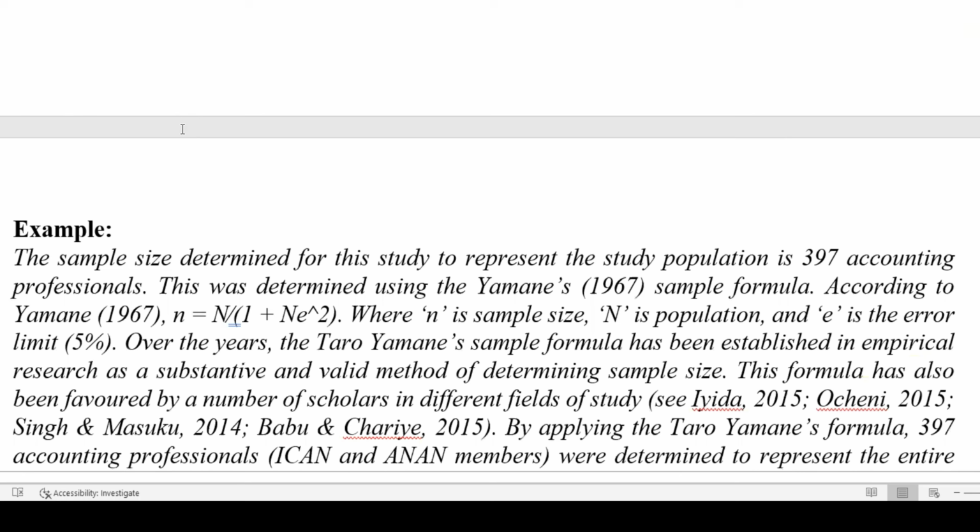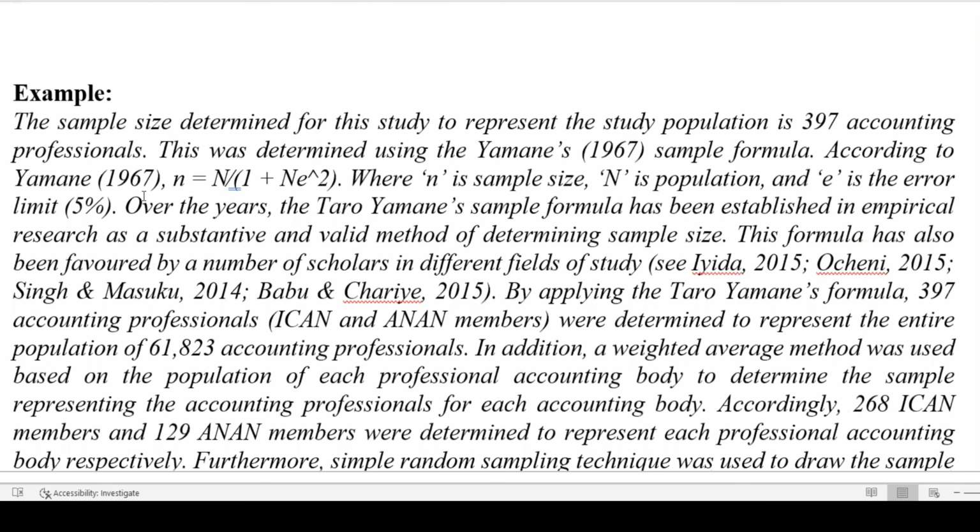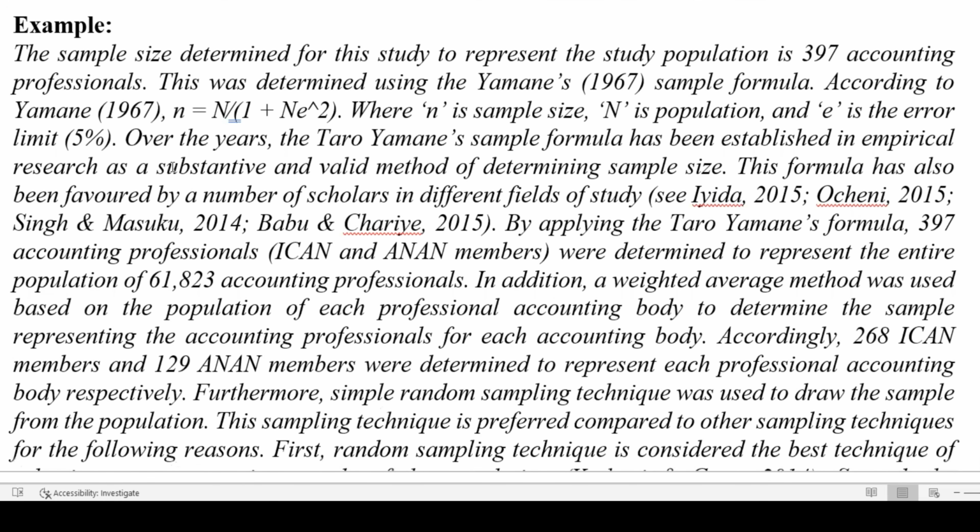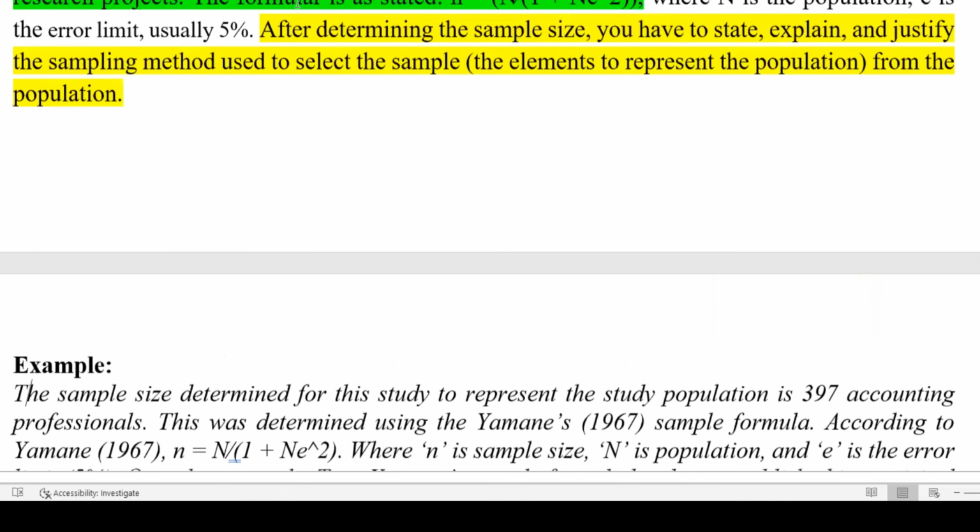So look at this example. The sample size determined for this study to represent the study population is 397 accounting professionals. Can you see? 397. But let me go to the population.